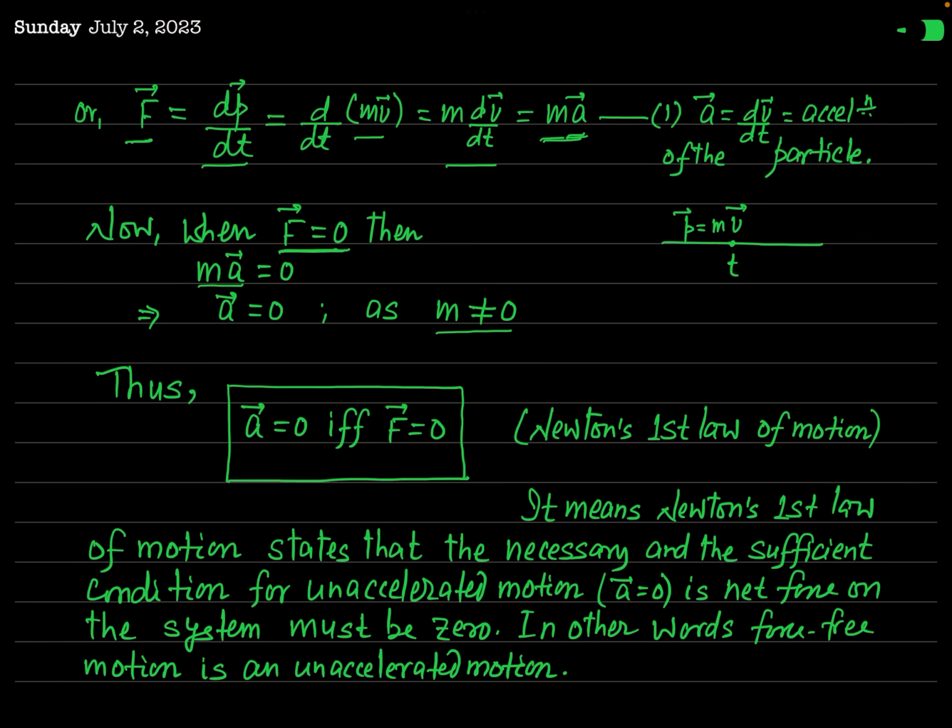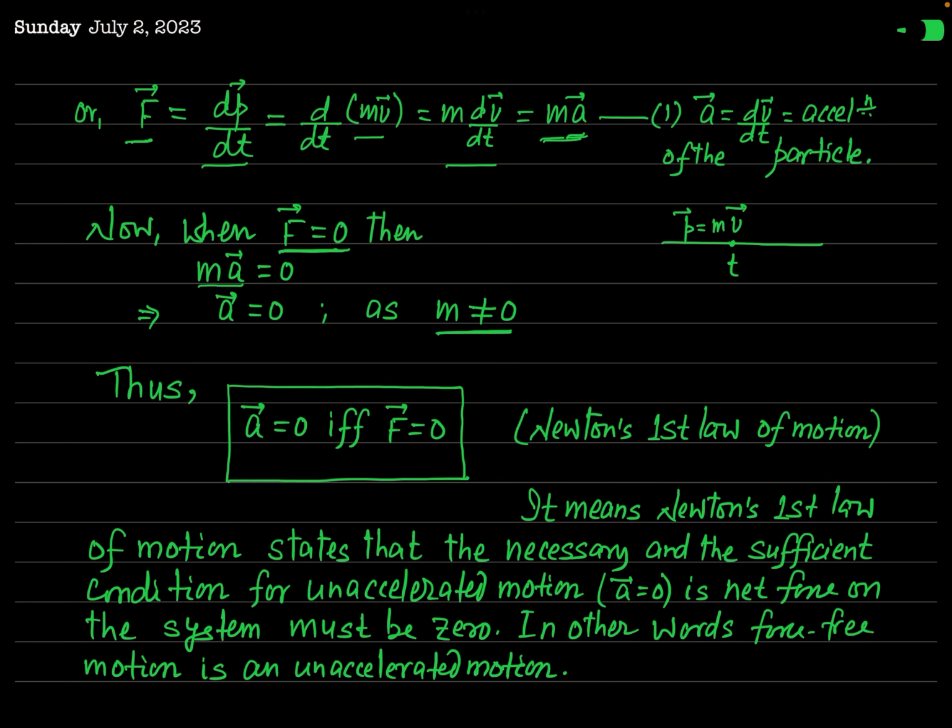Although in quantum mechanics, you consider a particle having zero rest mass, like a photon. But in Newtonian mechanics, particle means massive particle. You never talk about massless particles in Newtonian mechanics. So definitely m is not equal to 0.